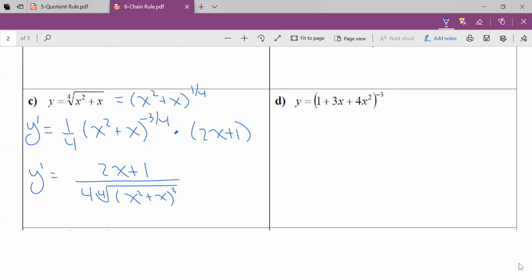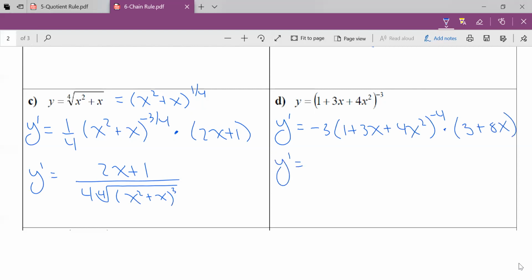Okay, one more, friends. So y is equal to all this stuff raised to the exponent -3. So take the derivative of the outside, which is -3. Don't touch the inside. Subtract 1. Multiplied by the derivative of the inside. So there's that power law. That's why we had to learn that right off the bat.